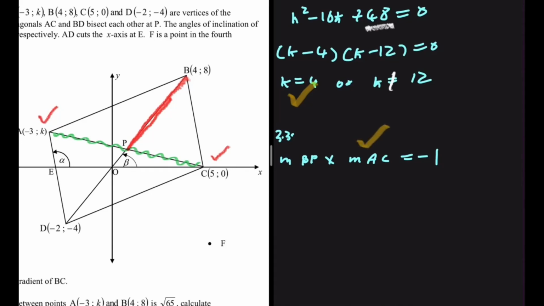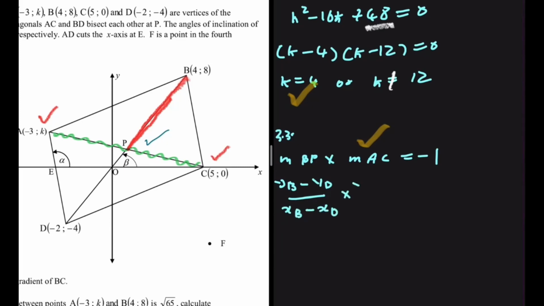What about BP? We don't have the coordinates of P. P lies on BD, and we have the coordinates of D. So we can just use the coordinates of BD to find the gradient of BP. For the gradient of BP, we're going to say y of B minus y of D divided by x of B minus x of D, multiplied by AC.